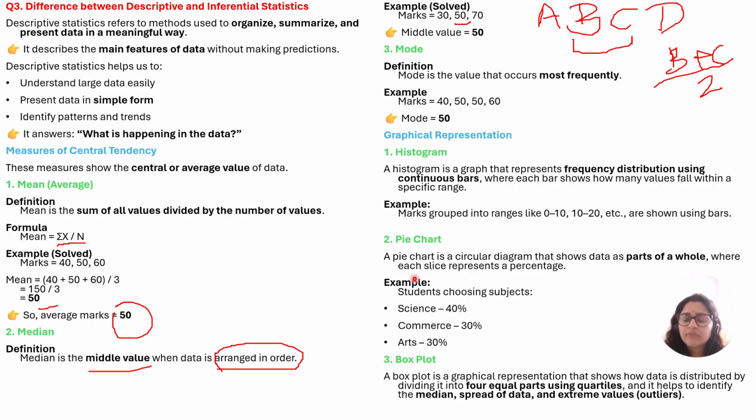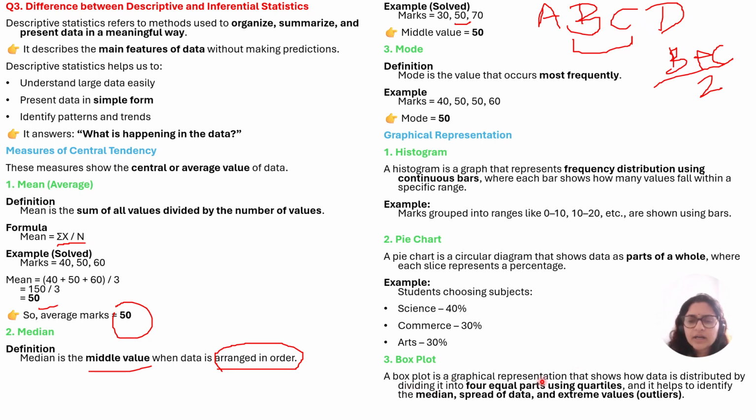Then one more is the pie chart. A pie chart is a circular diagram that shows parts of a whole: a complete thing is there and parts of it are shown. Example: students choosing subjects: science 40%, commerce 30%, arts 30%. So in a big circle, 40, 30, 30 will be divided. Then box plot.